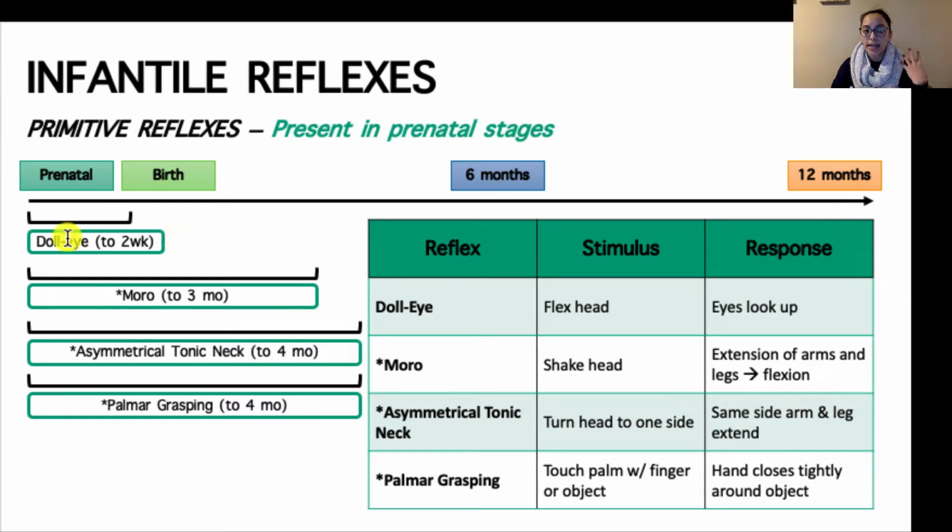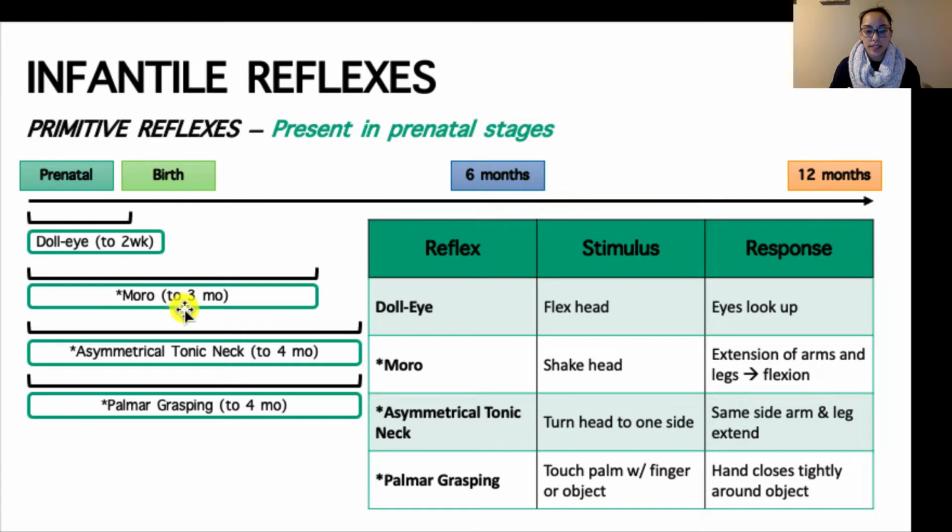So once we are able to process visual stimuli after birth, this doll eye reflex isn't really needed anymore because we can incorporate our vestibulo-ocular reflex. You don't need to know what the vestibulo-ocular reflex is in this class, but it's a thought I had that I think is interesting to push the point forward that reflexes disappear for other ones to appear.